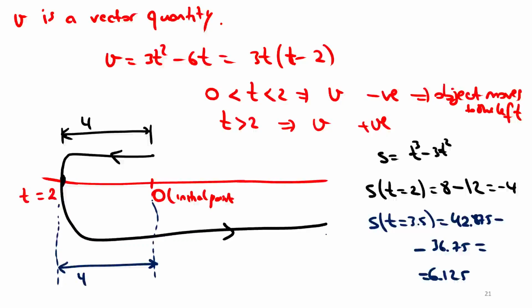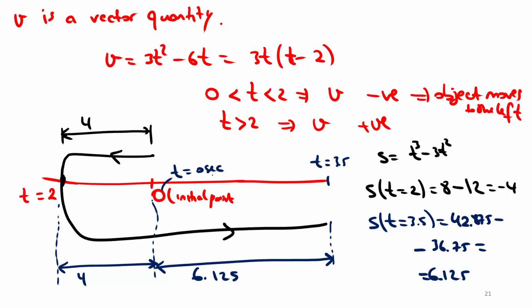Then if I add it here, this part will be 6.125 meters, and I will not specify the unit here. And then here at t equals 3.5, we are calculating the variables with respect to the initial position.